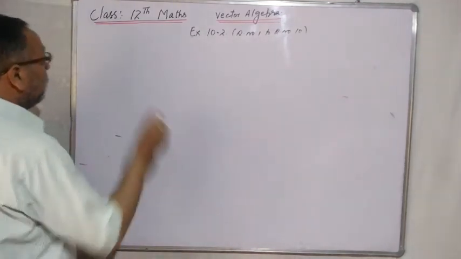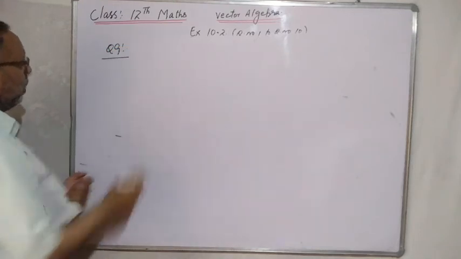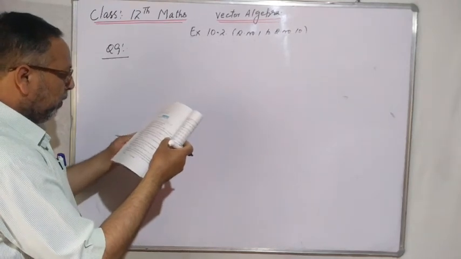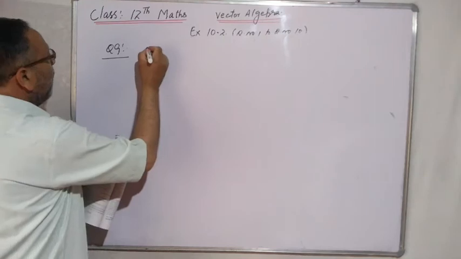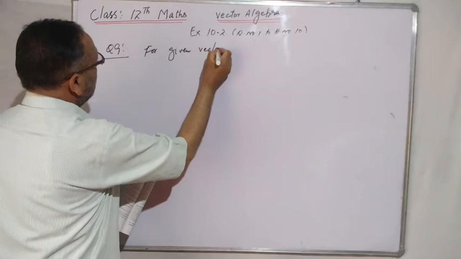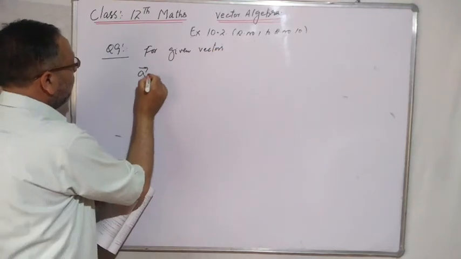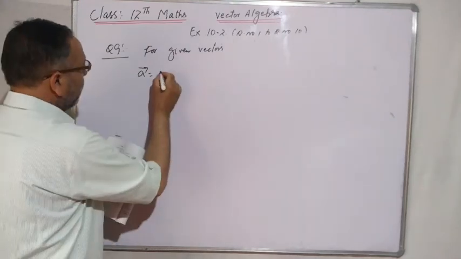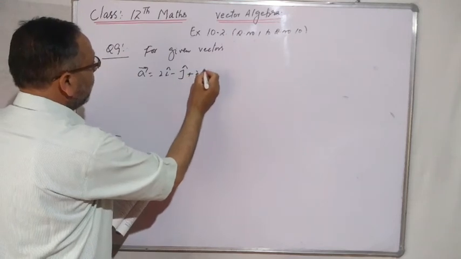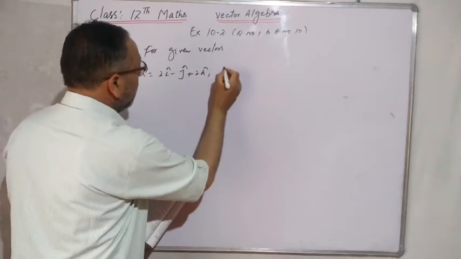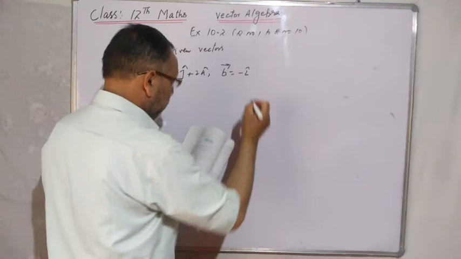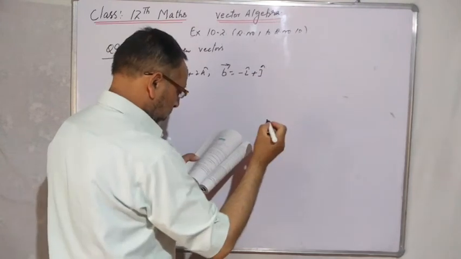Question number 9 says, for given vectors, vector A is 2i cap minus j cap plus 2k cap, and vector B is equal to minus i cap plus j cap minus k cap.